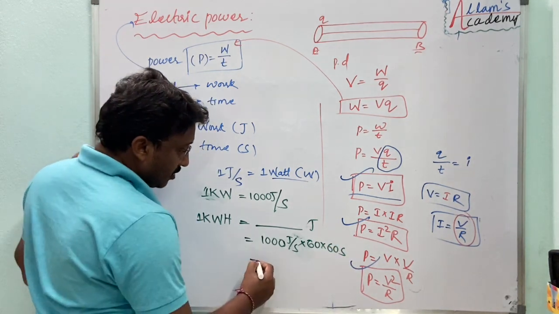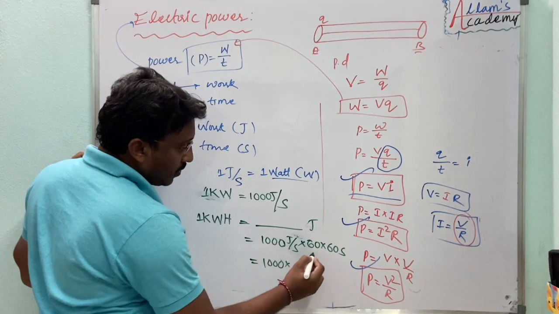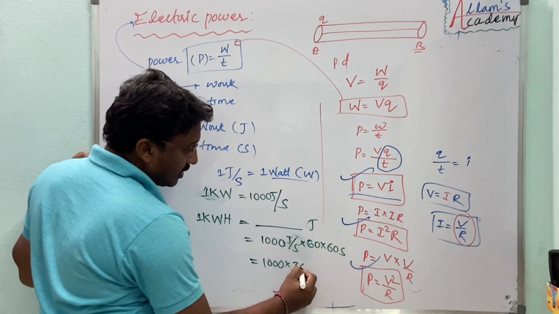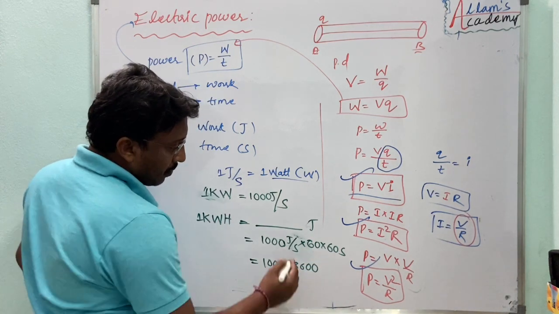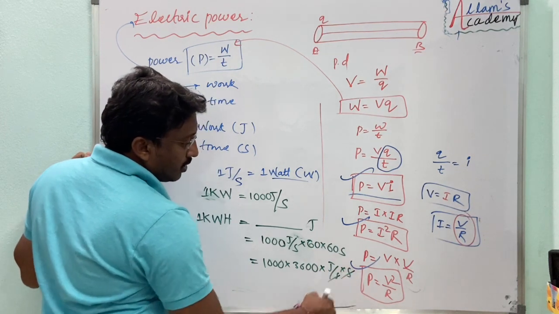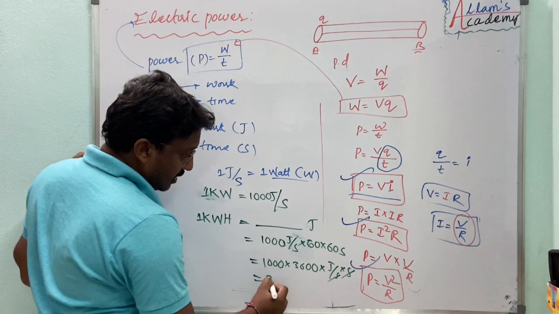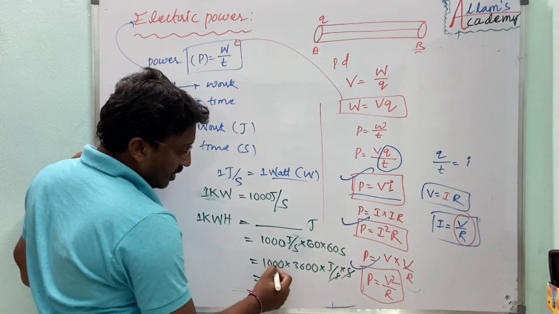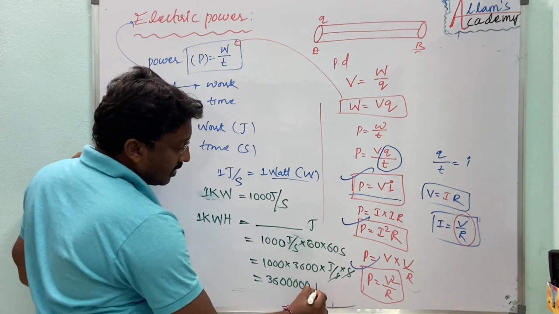That's equal to 1000 into 3600 joule per second into second. Let's cancel the seconds.